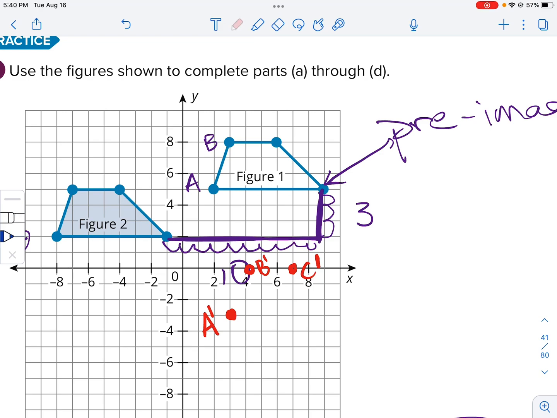Oops, I didn't mean to get rid of my C. And then from here, I go over 1 and down 8. D prime.